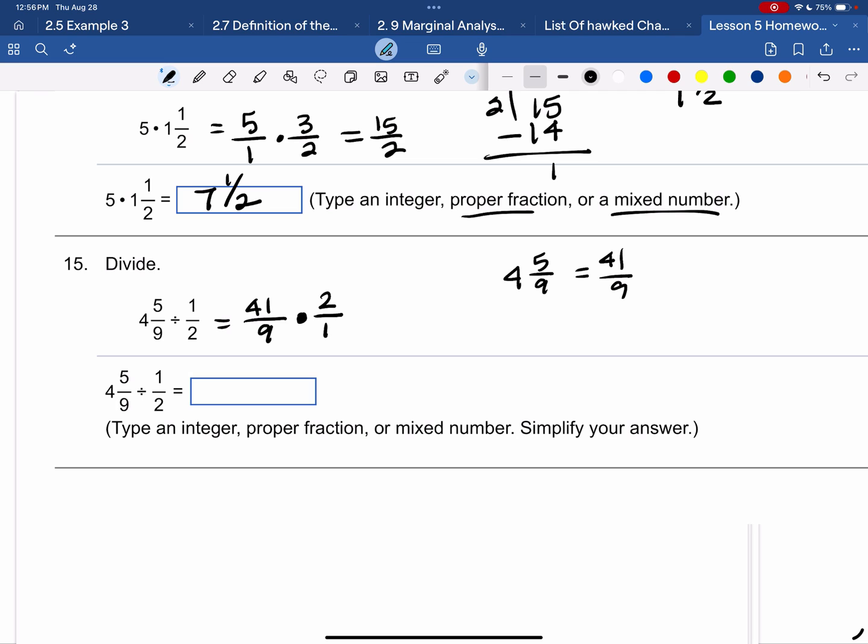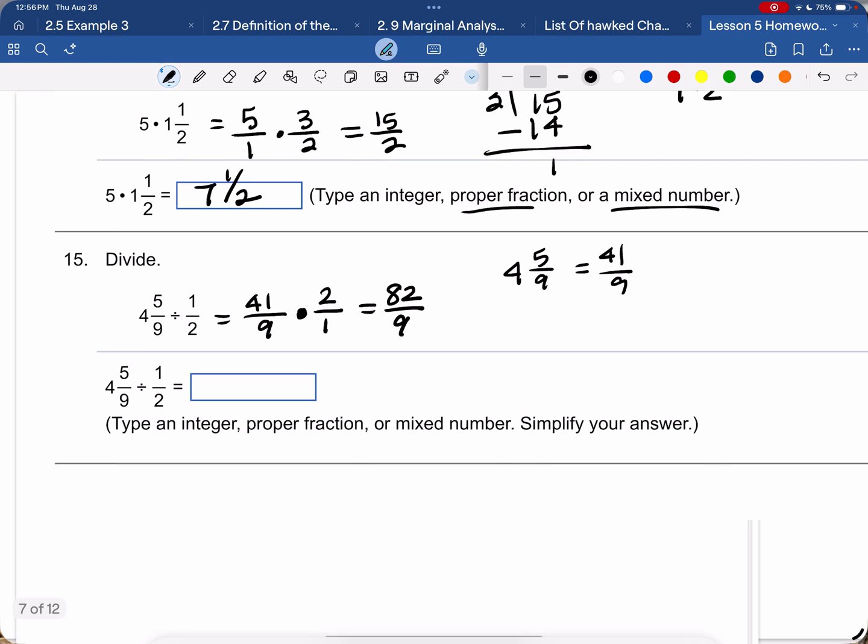There's no way to break down 41. So I'm just going to multiply, and I get 82 over 9. That's an improper fraction. So we've got to divide 9 into 82. Goes 9 times. 9 times 9 is 81. Subtract, I get a 1. 9 and 1/9 is my answer.